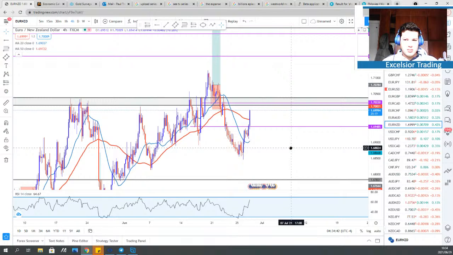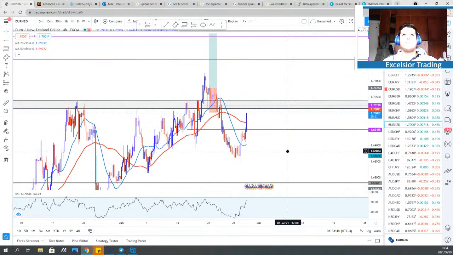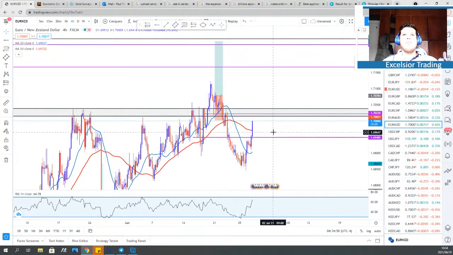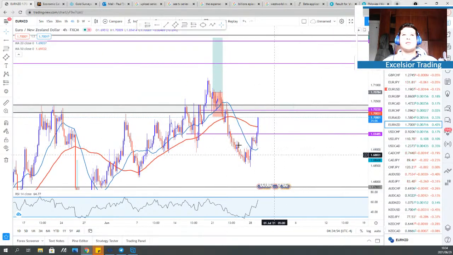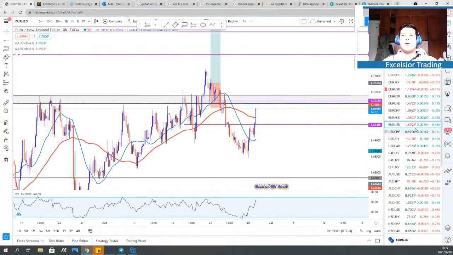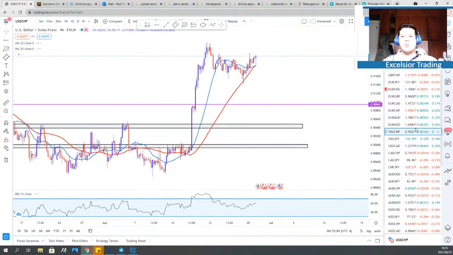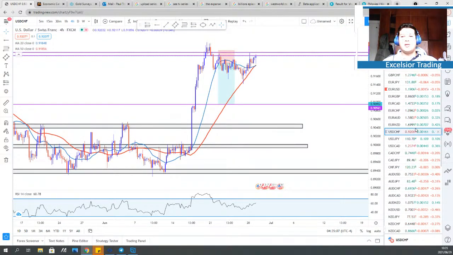This doesn't make sense. Okay, anyways, we'll see. I'm not going to trade this as well because we have this choppiness, right? It bounced multiple times on this resistance here. So I don't know if it will have the momentum to actually push to the downside, right?